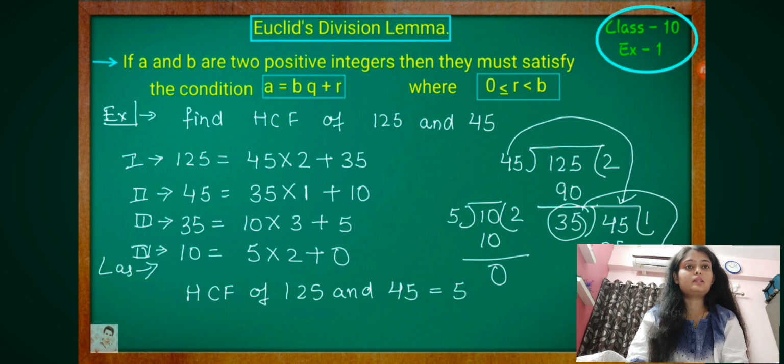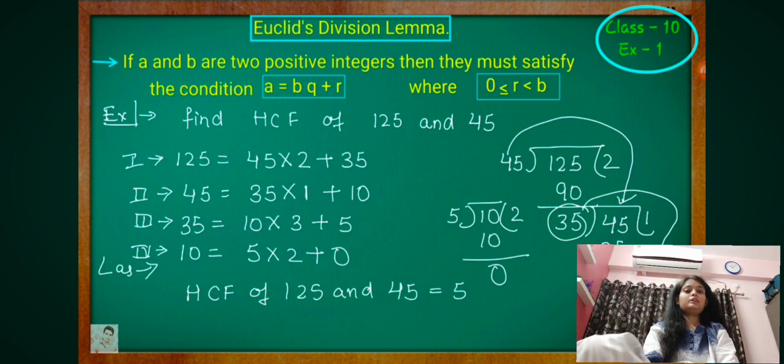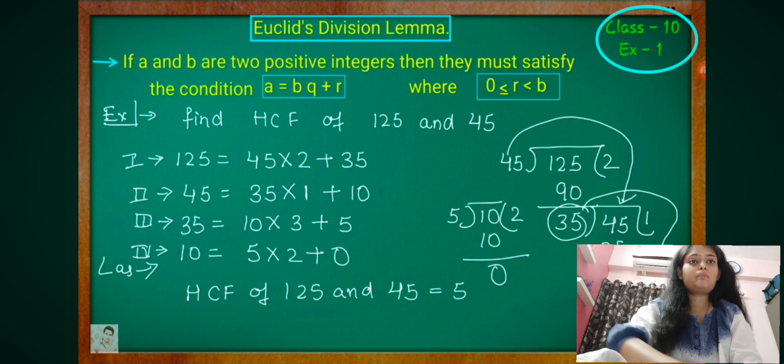b is the same here, the divisor is always 3, but the value of a can vary, that is 4, 5, 6, 7, 8, 9, and r is the remainder here. So Euclid's division lemma is all about proving any statement. We have understood this topic today.